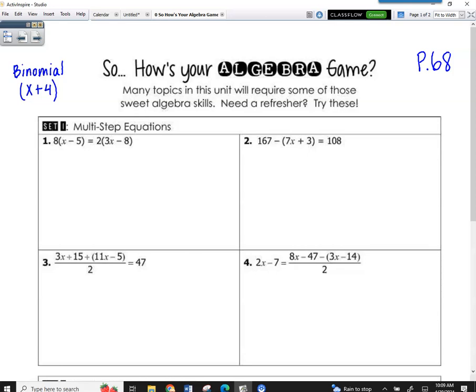So for instance, 8 times x would be 8x. 8 times negative 5 would be negative 40. 2 times 3x would be 6x. 2 times negative 8, negative 16.